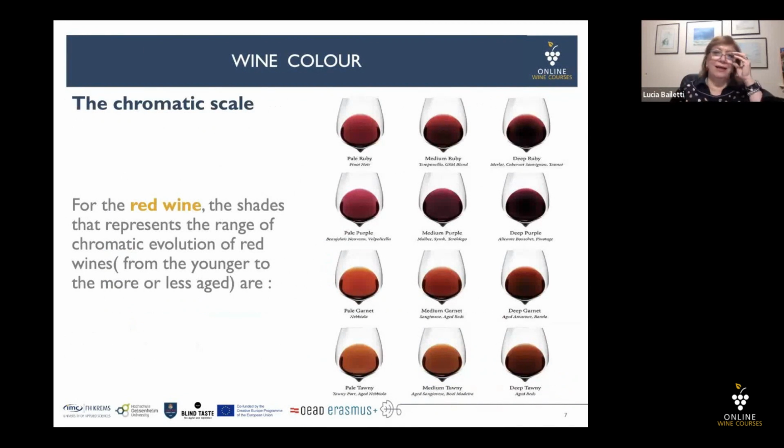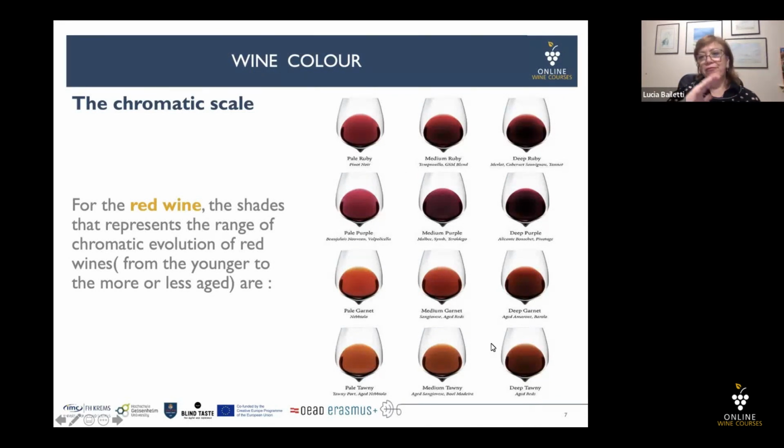When we need to understand the chromatic scale of wines, for red wine, the shades that represent the range of chromatic evaluation from younger to more or less aged are these different colors: pale ruby to deep tawny.